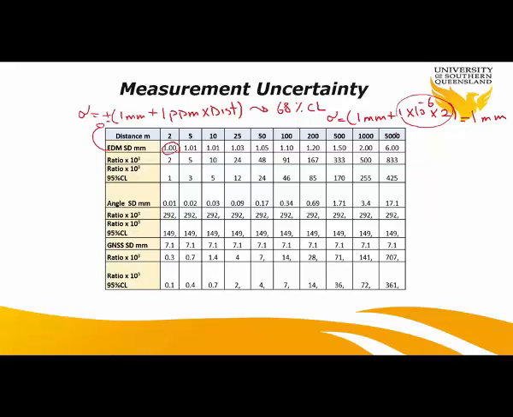But if I'm doing it for 5,000 meters, it's going to be 1 millimeter plus, sorry, so this one comes to 5 millimeter, and sigma is 6 millimeter at 68% confidence level.